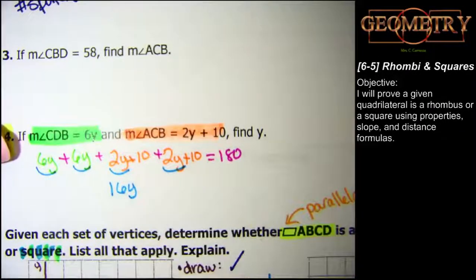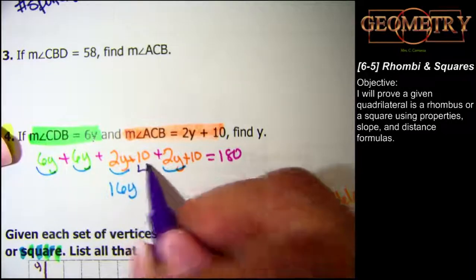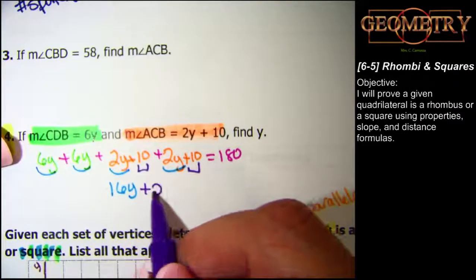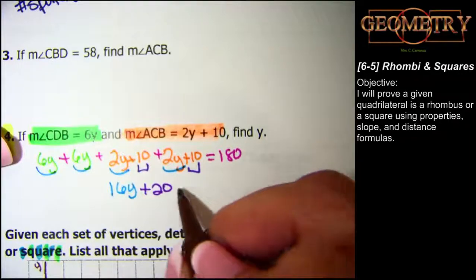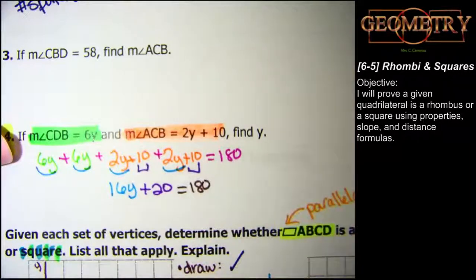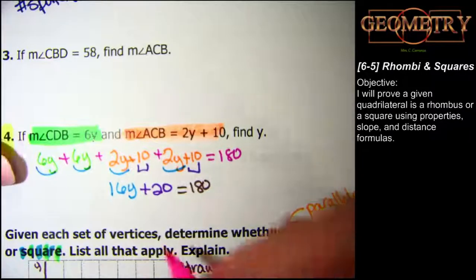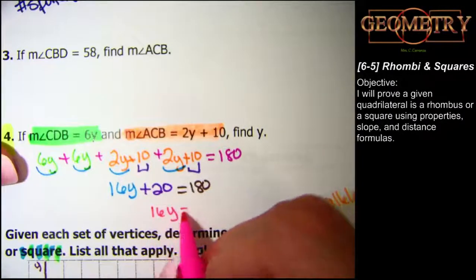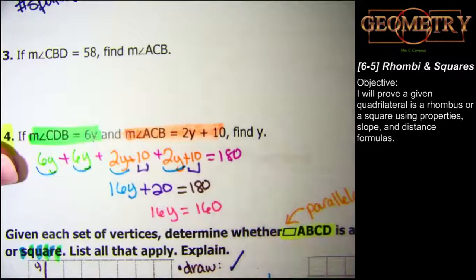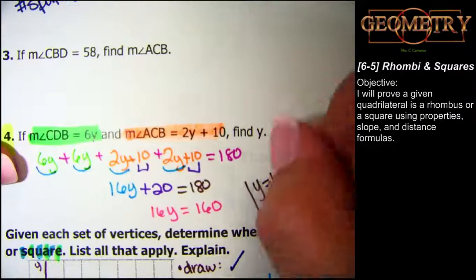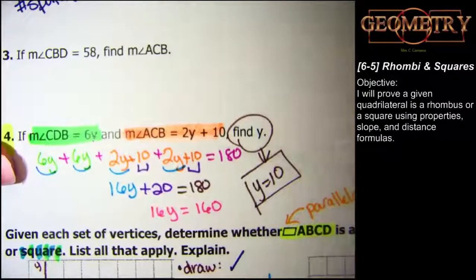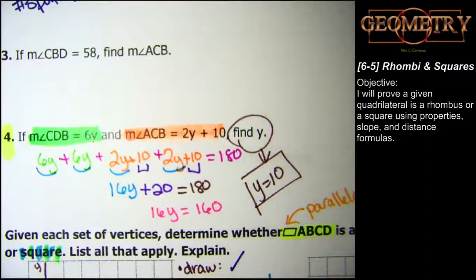I'm going to go pretty quick, so please triple check my arithmetic. Y equals 21.3. Did I do okay?